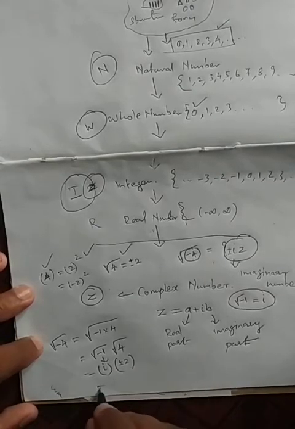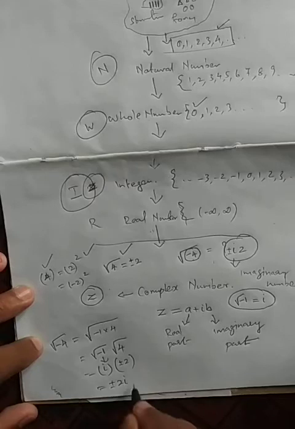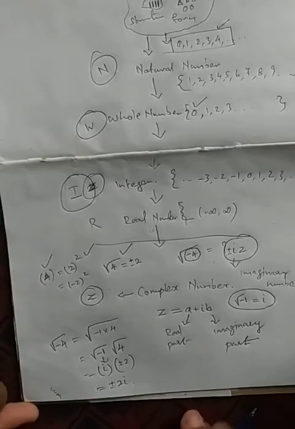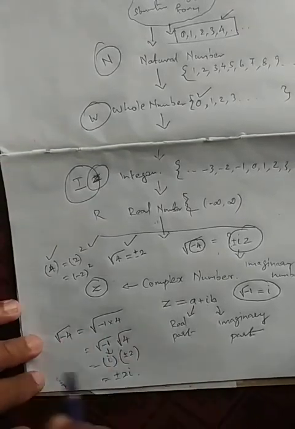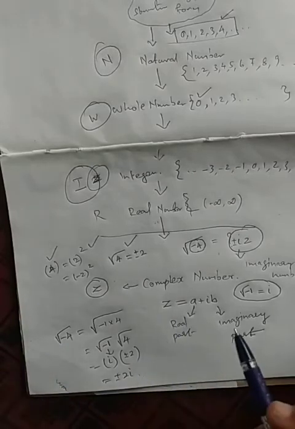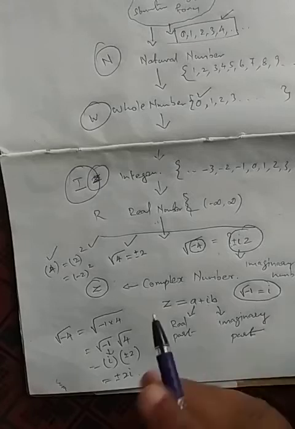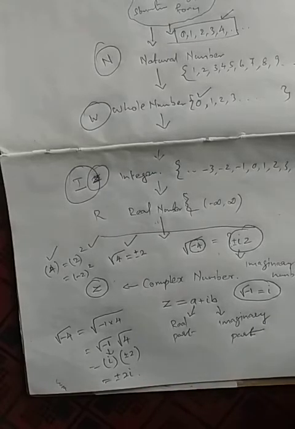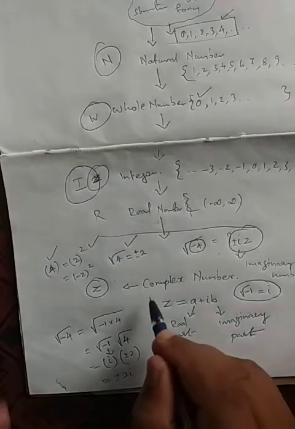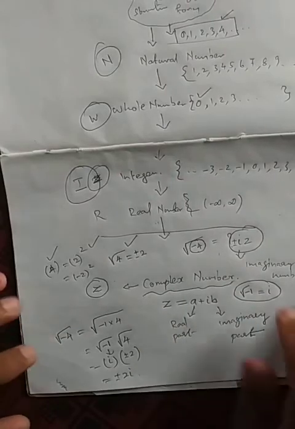Now multiply it, and we can write plus or minus 2i. So that is how we get an imaginary part. A complex number is like a mixed form of real and imaginary together, and we call it the complex number system.